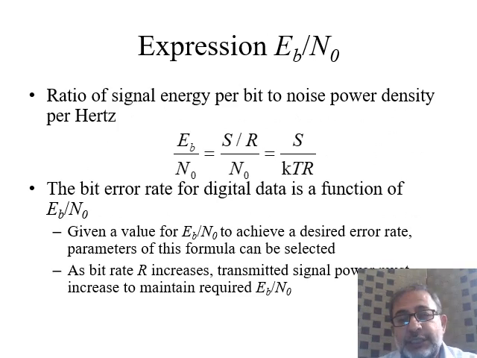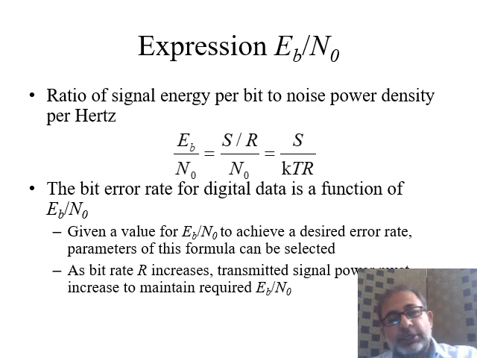Now let's see what is Eb over N naught. This is a very important value that is derived for digital communication systems. So it is the ratio of signal energy per bit.